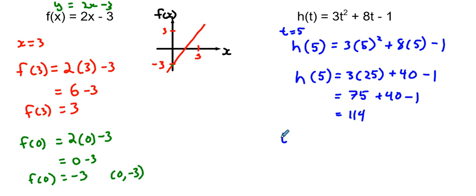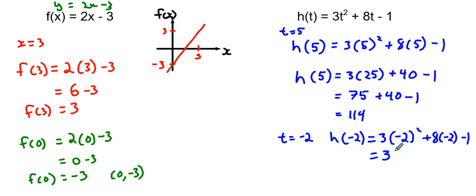So try one here. Let's try a negative number. Let's try -2. And pause the video if you'd like and try substituting t equals -2 into this parabola and come up with the answer. So if you've had a chance to try that, that'd be great. We'll substitute that in. So we say h of -2 or h at -2 is equal to 3, and then instead of t squared, we'll put -2 squared plus 8 times -2 minus 1.